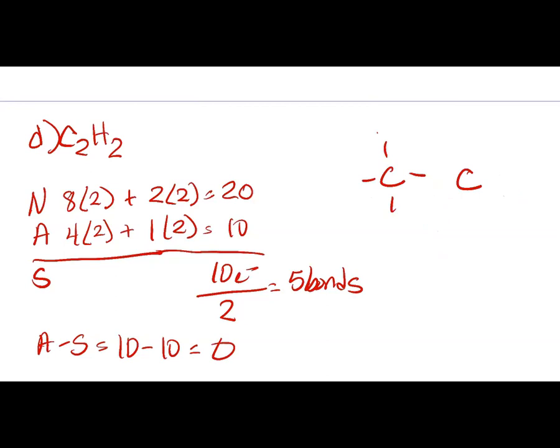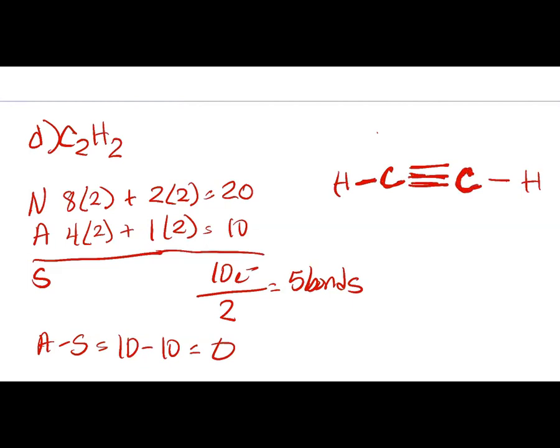I can't put those 4 bonds there. So I'm going to take those bonds and put them between the carbons and form a triple bond, and then just give each carbon 1 hydrogen. So it's just moving the bonds around until you see that my central carbon here has 1, 2, 3, 4 bonds. So that's 8 electrons around it.